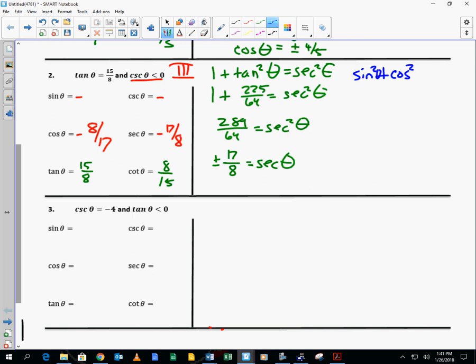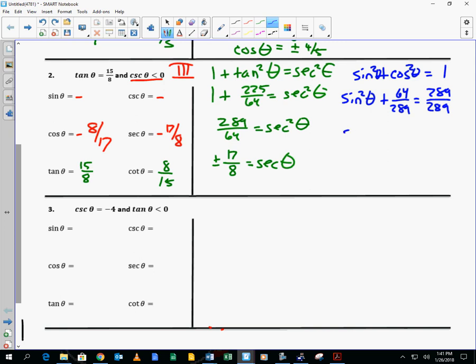Awesome. Sine squared plus cosine squared is equal to 1. So sine squared of theta plus, what do I get if I square cosine? Equals 289 over 289. Now what?